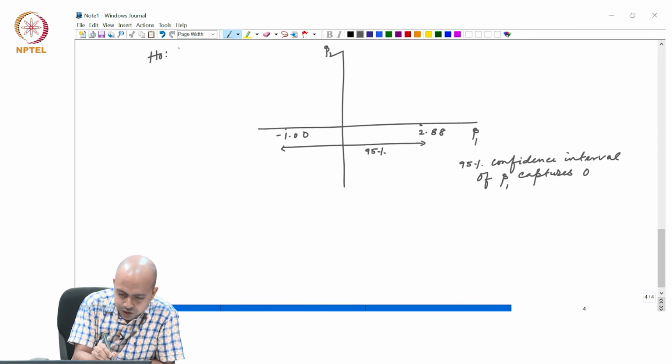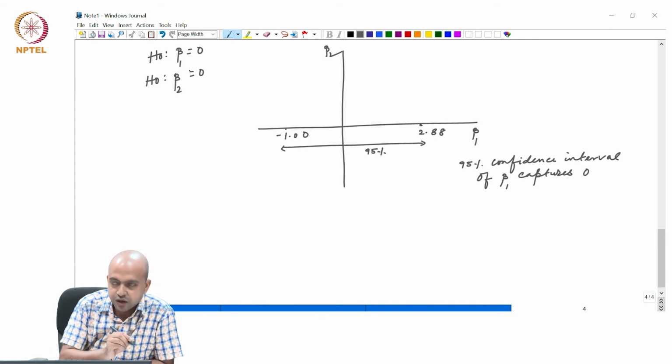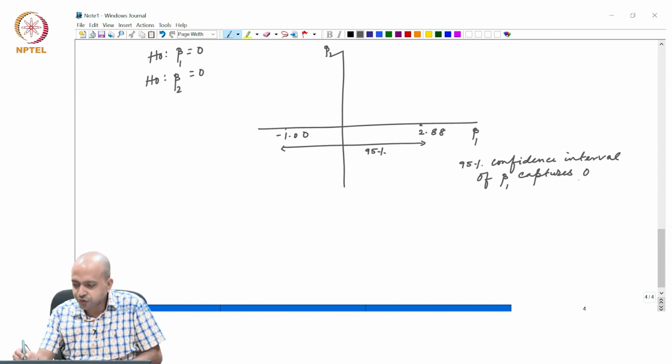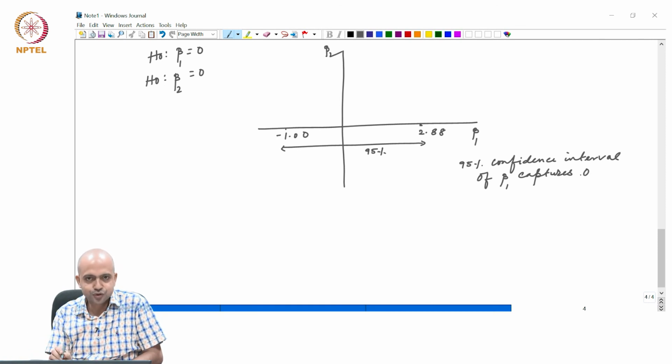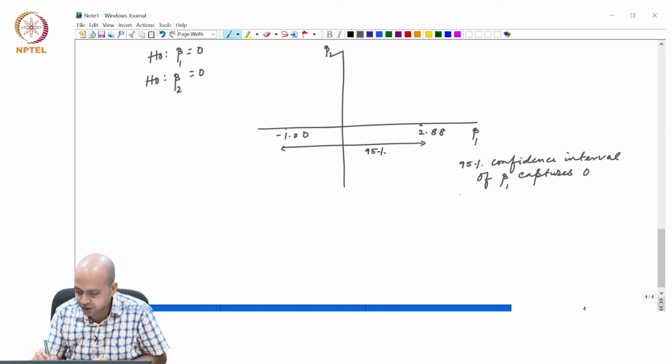Null hypothesis: beta 1 equals 0. Similarly, the null for beta 2 is 0. So, the 95% confidence interval captures 0. That means we do not reject the null.